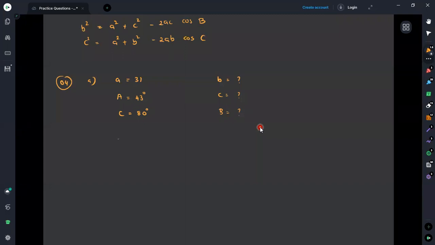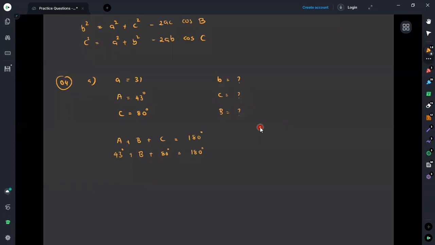Therefore, the summation of the inner angles we can take as equal to 180 degrees, which is equal to π radians. Now we know the value of A is 43 degrees, the value of B is the thing we need to find out, then the value of C is 80 degrees, and the summation is equal to 180.